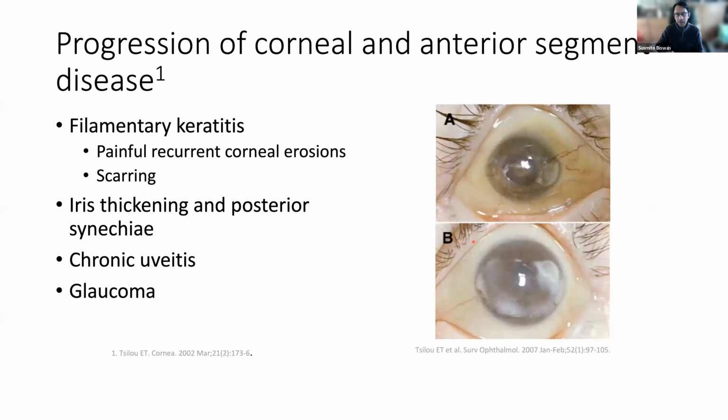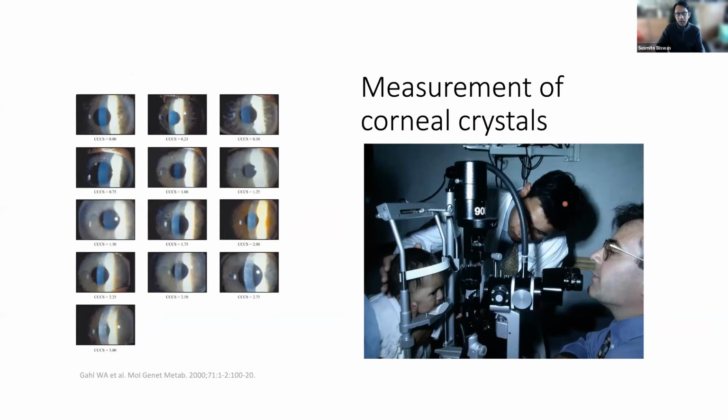They're increasing damage over a long time, which can result in scarring and vascularization. There's also other changes in the front part of the eye with iris thickening, inflammation, and high pressure developing in the eye.